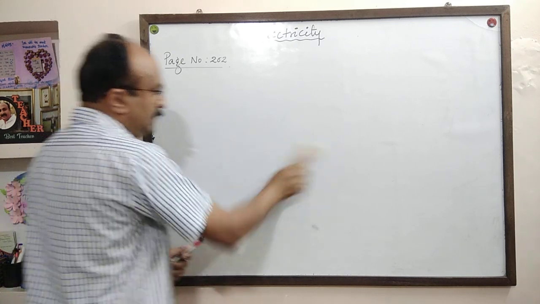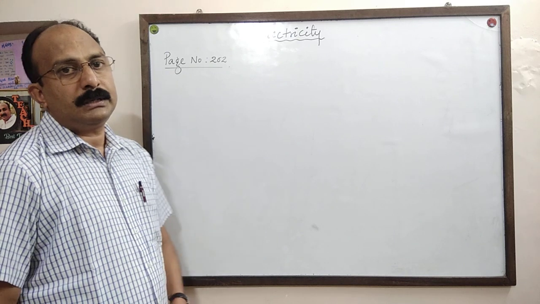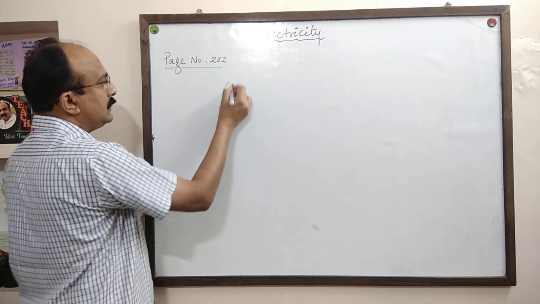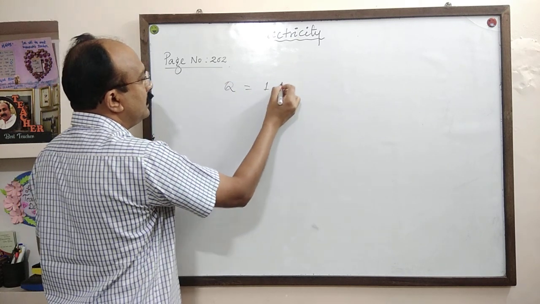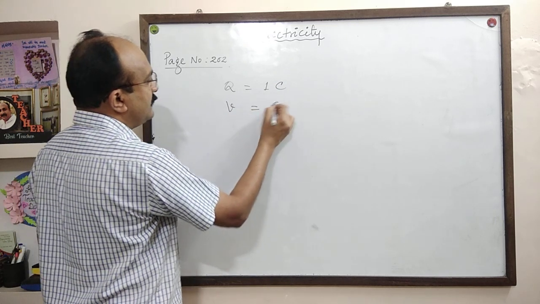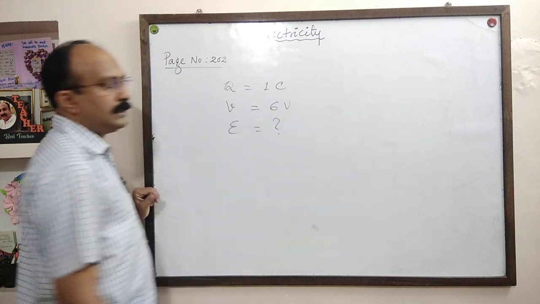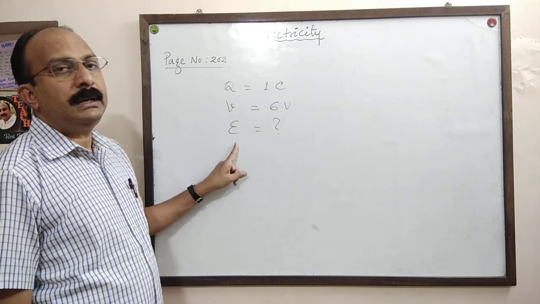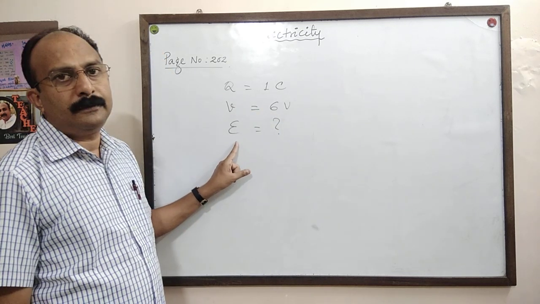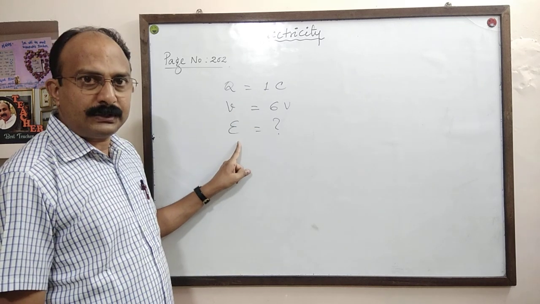How much energy is given to each coulomb of charge? Each coulomb of charge means Q is equal to 1 coulomb. And you are given the potential difference is equal to 6 volt. Then what is the energy? We know that energy is equal to work done. So actually we are asked to find out the work done in this question.